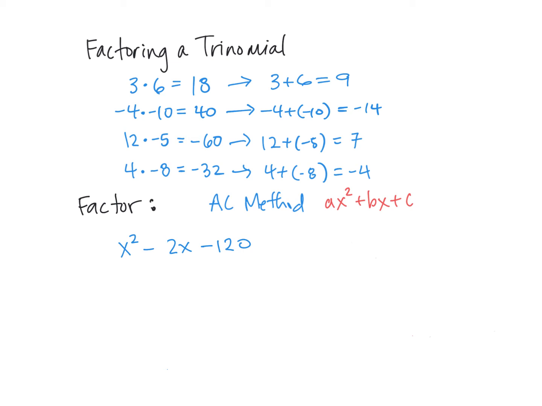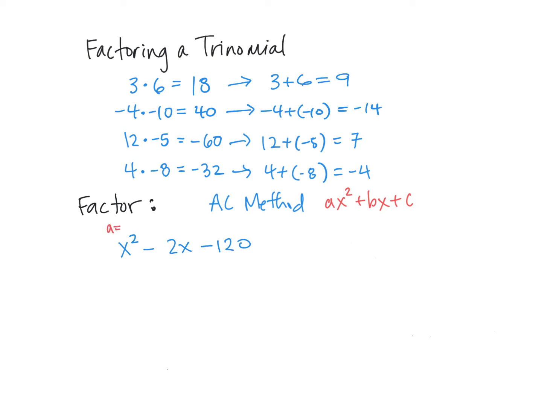Okay, so let's label our values of A, B, and C. I'm labeling it here just for the sake of everyone watching along. If you don't find that you need to label the values of A, B, and C, you don't have to. This is just me doing the best I can to keep us all on the same page.